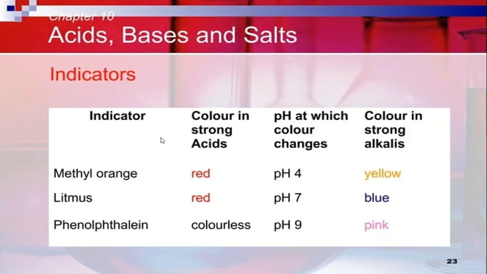The color in strong alkalis: the average is pH 4 for methyl orange, pH 7 for litmus, which turns blue, and in the final one, phenolphthalein, it turns pink, which is at an average of pH 9. The methyl orange turns yellow at pH 4, and the litmus turns blue at pH 7.